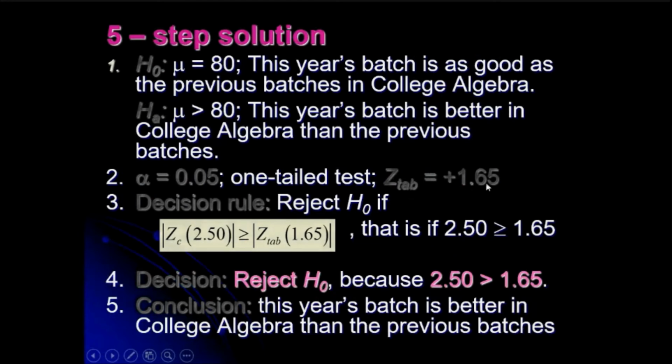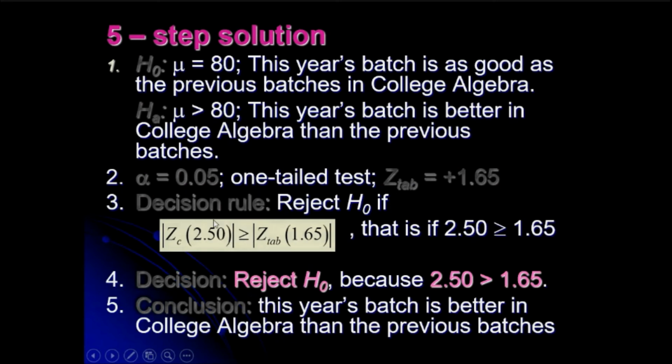Pero kagaya nga ng sinabi ko, in making the decision, kunin nyo na lang yung absolute value nung mga nakuha nyong sagot. So kung negative man yung maging sagot nyo doon sa computed value, magiging positive siya. Right? So absolute value and then compare it.